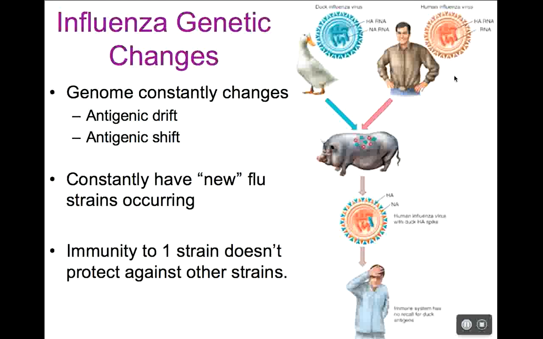If that pig was infected by both the influenza strain from the bird and the influenza strain from the human, inside of the pig it will go through antigenic shift to create a brand new influenza virus. A brand new combination of H's and N's.